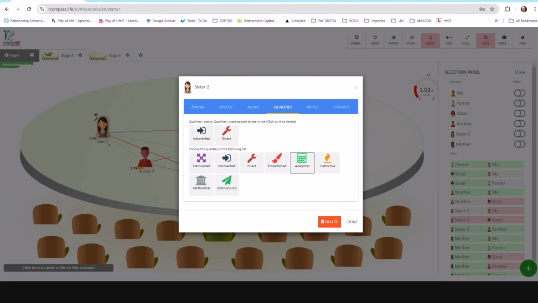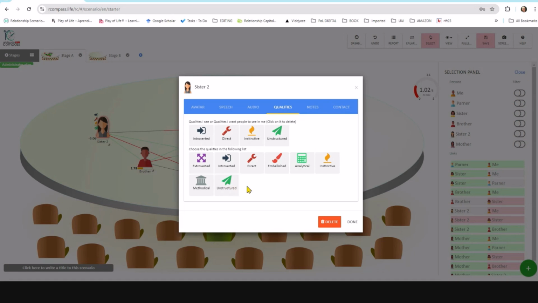Does she use data or just whatever she feels? Yeah, that. Is she methodical or unstructured? Does she like to plan things ahead? If you're going to meet at 10, would she be there at 10 or a little bit later? Unstructured.